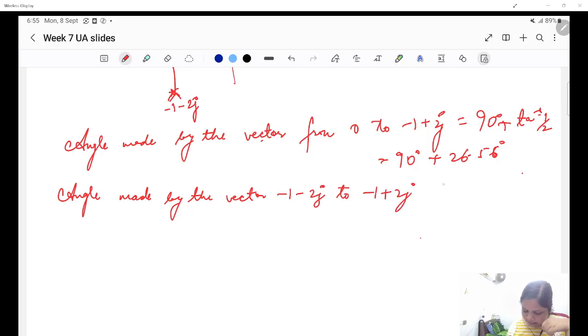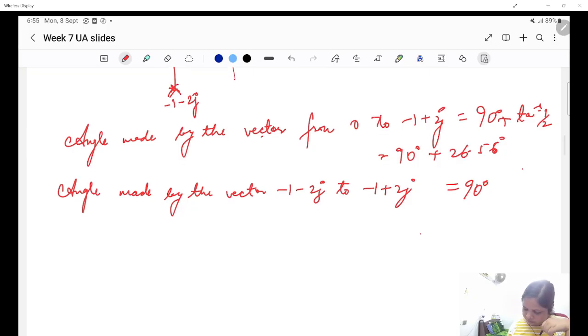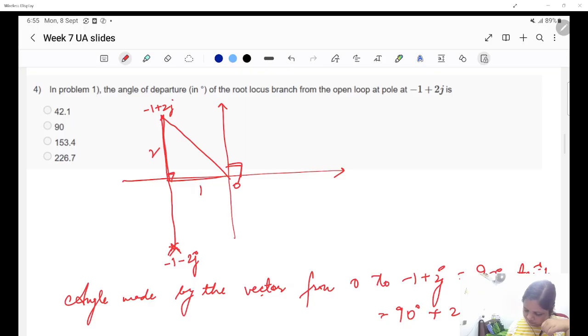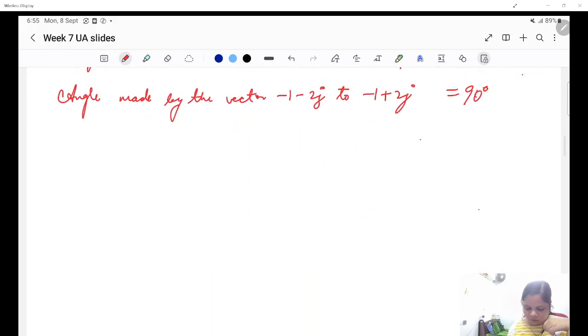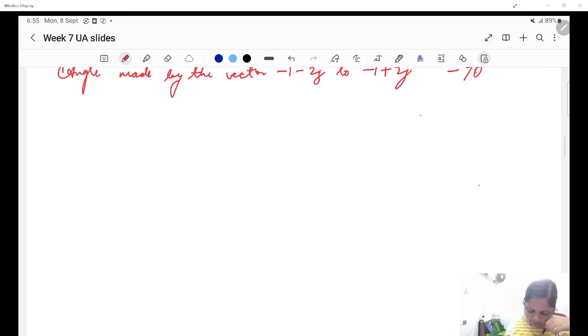It is 90 degree, right? So after this, we have to find what is the angle of departure.